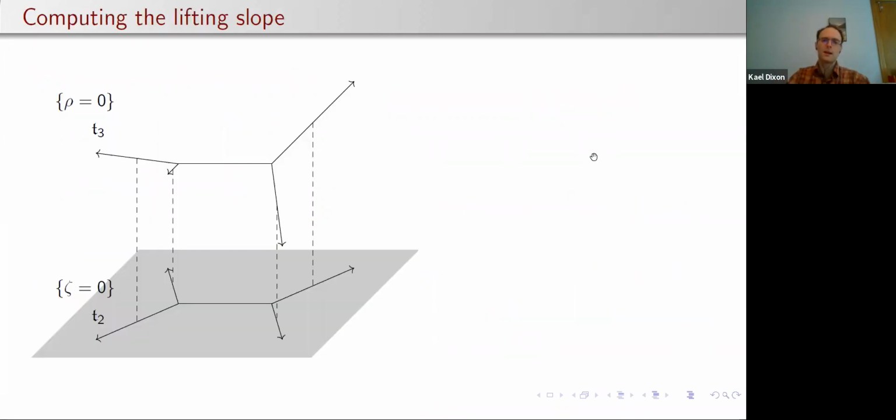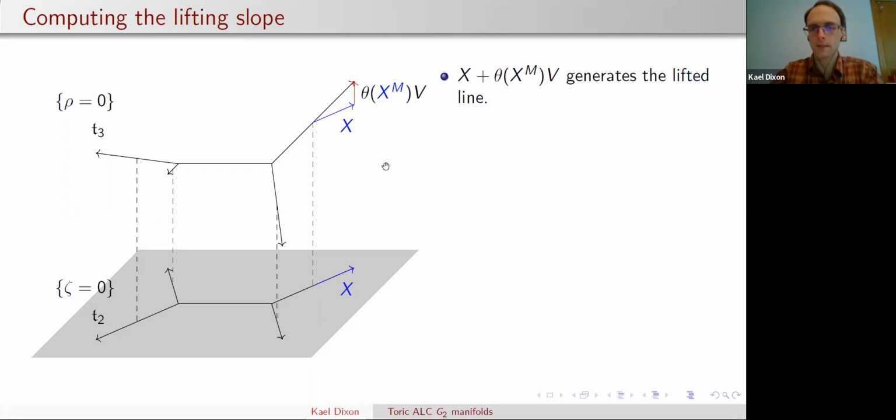So here's the easiest example. Before this work that I'm presenting, this was the only drawing of a toric G2 manifold that we knew. Okay, so I'll explain it. To figure out how this relates to the picture downstairs, we have this PQ web.